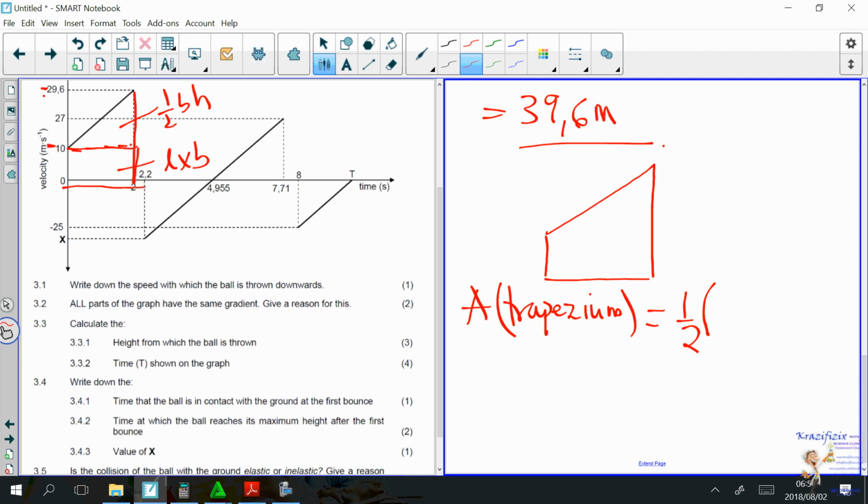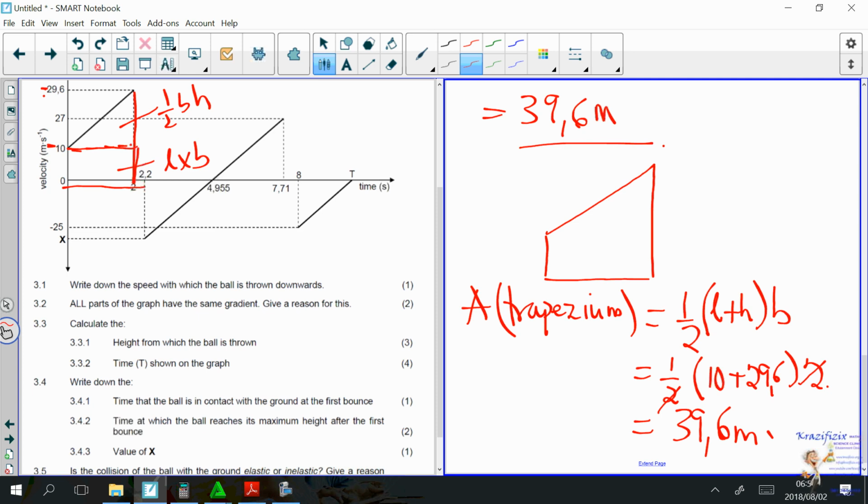Half of my length plus the height with a common breadth, and that will be half times 10 plus 29,6. My base is 2, because this formula is just the same as what we did earlier on, and this gives me 39,6 meters again. This is the area of a trapezium, which is awesome. We have different ways of getting that question done.